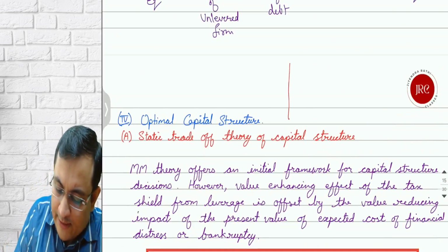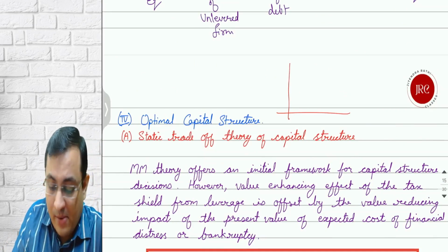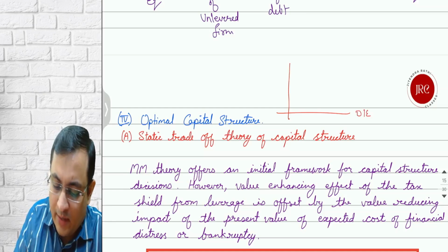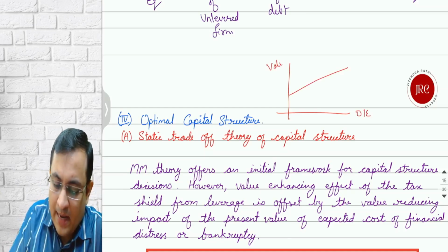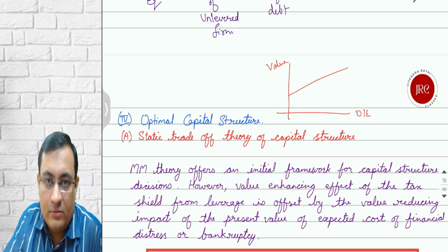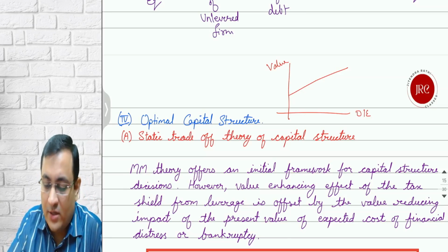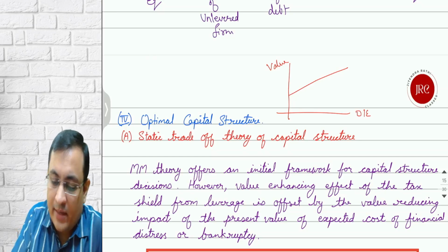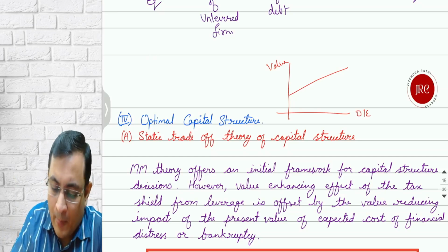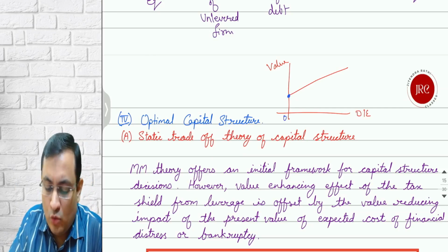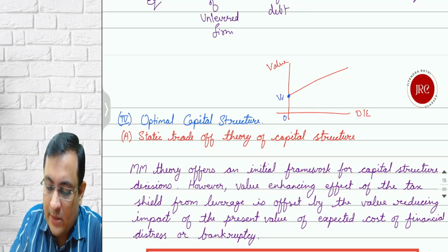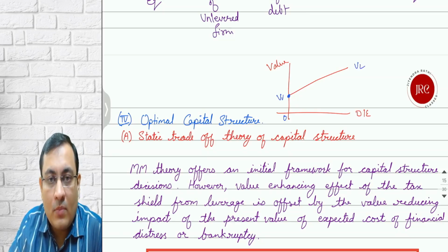So what does the static trade-off theory say? Here we have the debt equity ratio and the value of the firm. As per the earlier theory, as you increase the debt in the capital structure, the value of the firm will increase. The static trade-off theory says no. Initially, the company is unlevered, VU, and this is your VL.